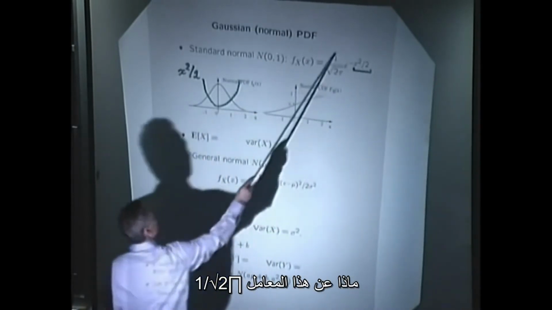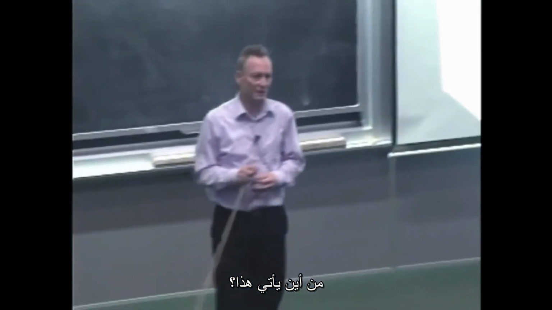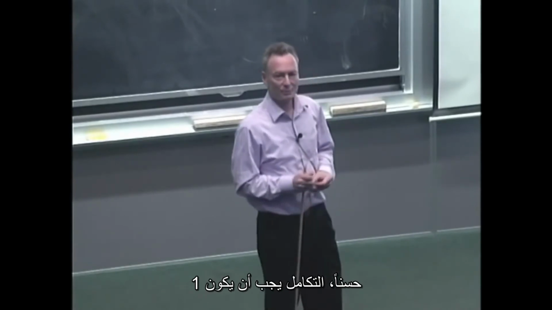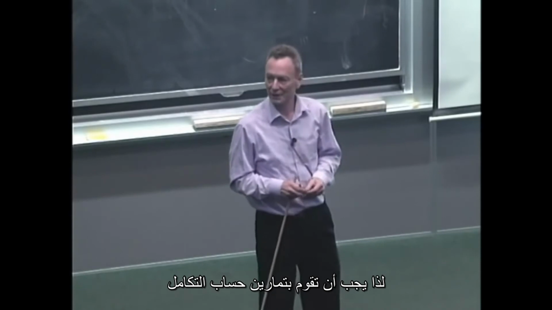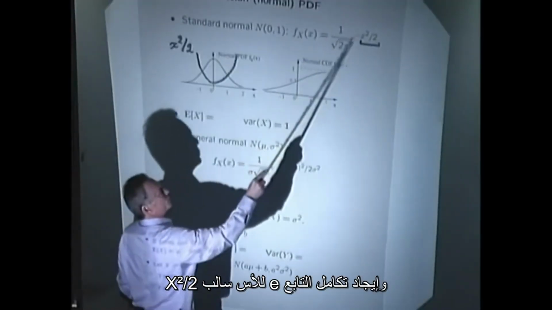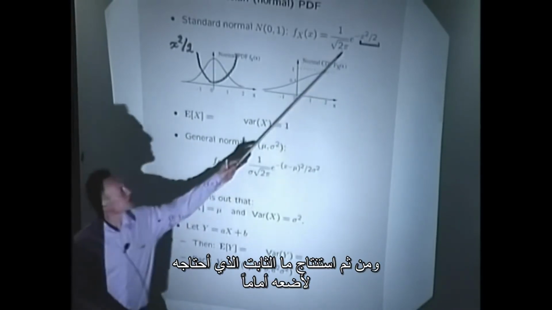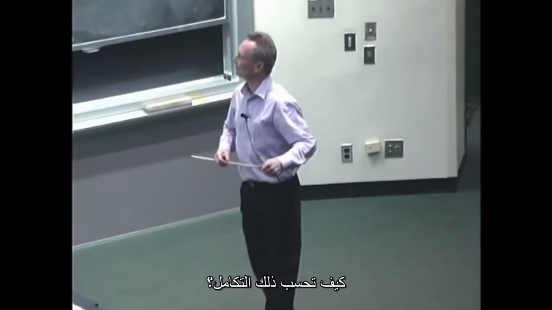How about this factor 1 over square root 2 pi? Where does this come from? Well, the integral has to be equal to 1. So you have to do your calculus exercise and find the integral of this e to the minus x squared over 2 function, and then figure out what constant you need to put in front so that the integral is equal to 1. How do you evaluate that integral?